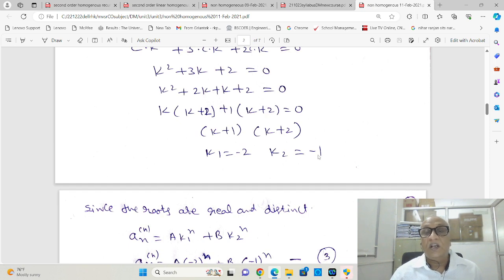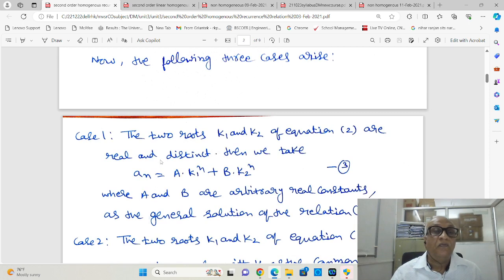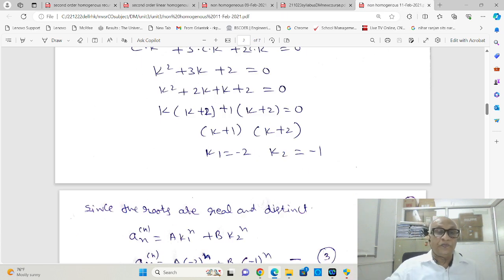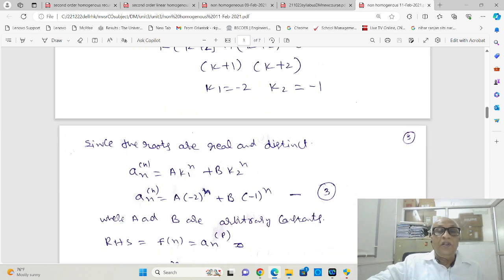The roots are real and distinct. When the roots are real and distinct, this is case 1. The two roots k1 and k2 are real and distinct. Then the solution is an equal to a k1 to the power of n plus b k2 to the power of n.